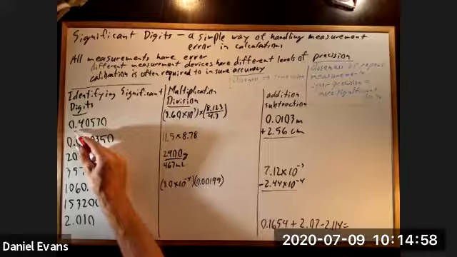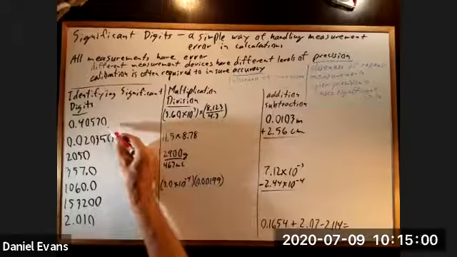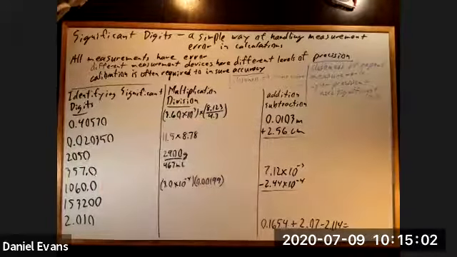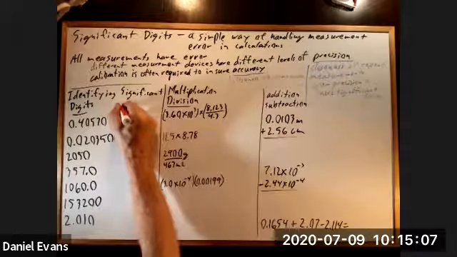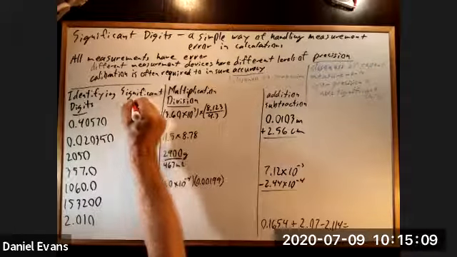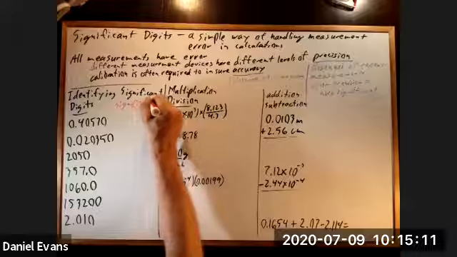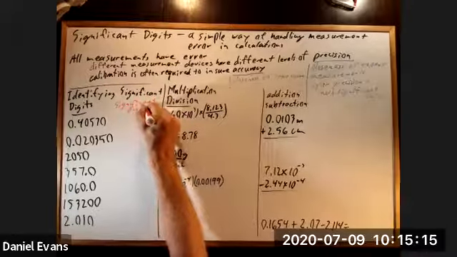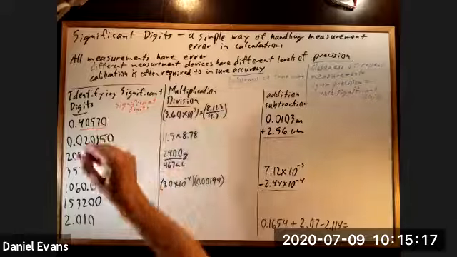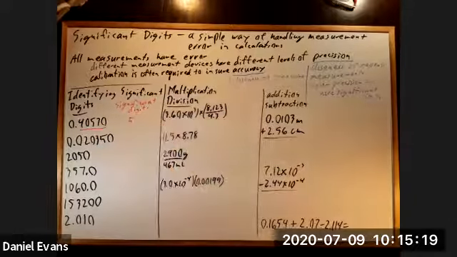But since we have a decimal point on the left, that 0 on the right is not holding a decimal point for us, so it's not a significant digit. So we add up these numbers here, we have 5 significant digits.